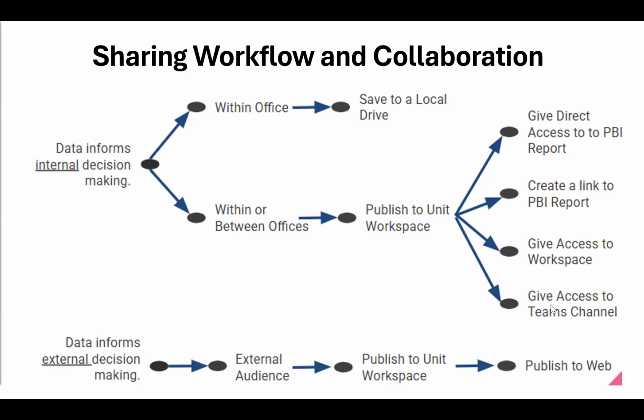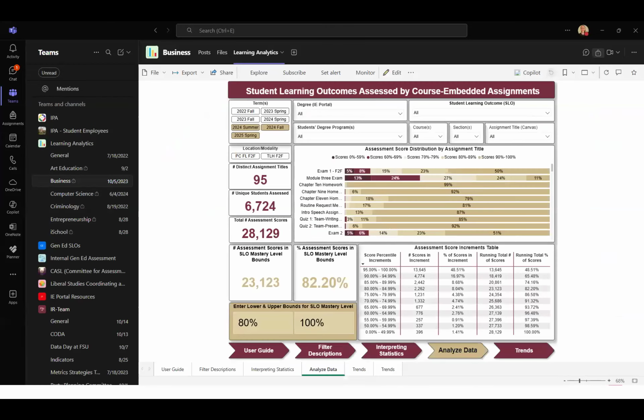So if you create a Microsoft team, you can control access at the level of the team. Perhaps also if it's a private channel, to create a controlled access list there, as well as then securing who has access to the report itself. So here's an example of a team site with a private channel, and the report lives in this team site as one way the end user can access it.